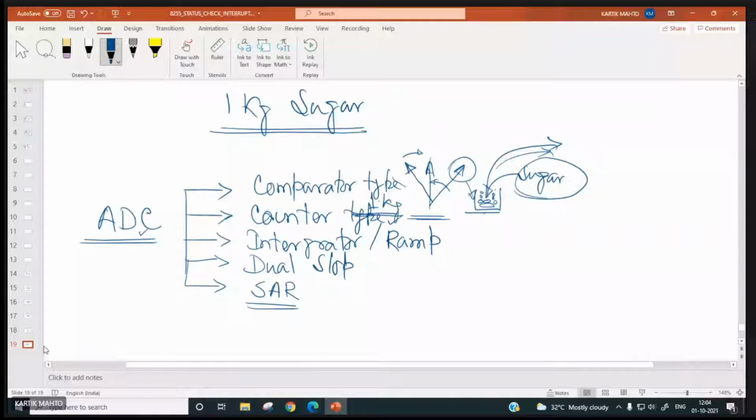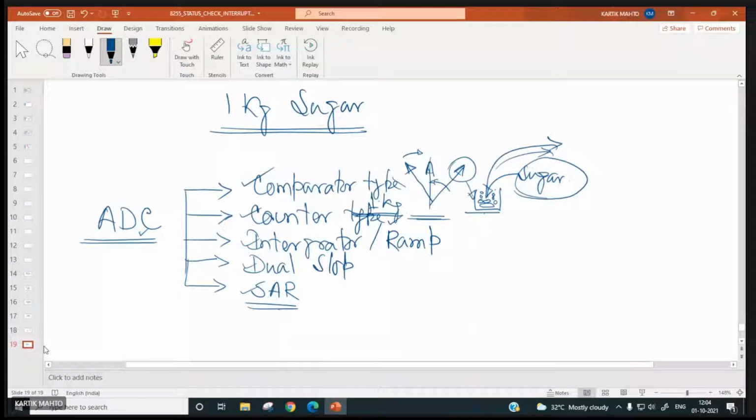If you compare all of them, why were so many types developed? Why were they not satisfied with the first one? Why did they enter the second, then third, then fourth, then fifth, and after fifth they landed? And you know why?